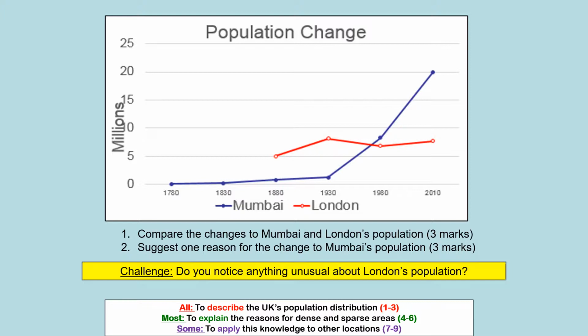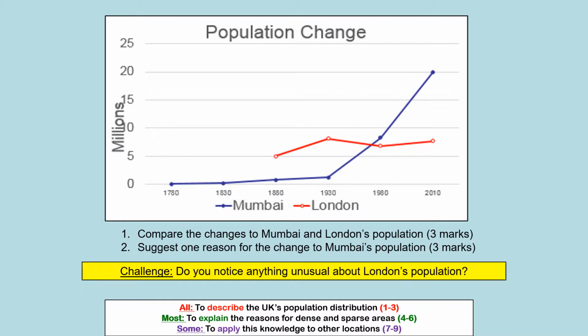So using sentences like in 1880, Mumbai's population was this and London's population was this, but by 1930, Mumbai's population had increased slightly to this and London's had increased dramatically to about 8 million. However, by 1980, Mumbai's population has risen to this and London's had slightly decreased, and therefore Mumbai's population was higher. So that's a compare.